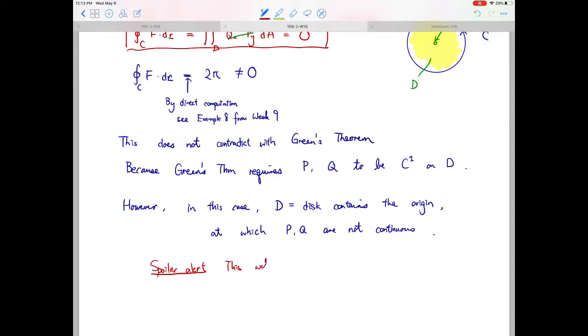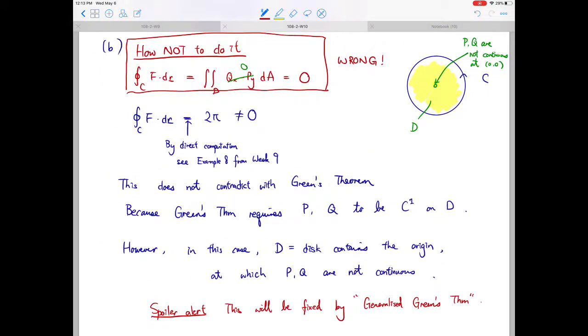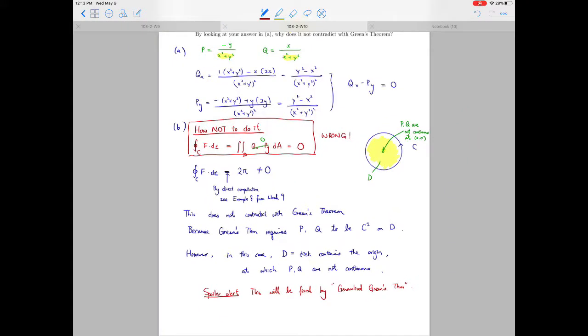This will be fixed by what we call the generalized Green's theorem that we'll learn at the end of this week. So this is not the end of the story, but I just want to warn you that when you apply Green's theorem, be careful.